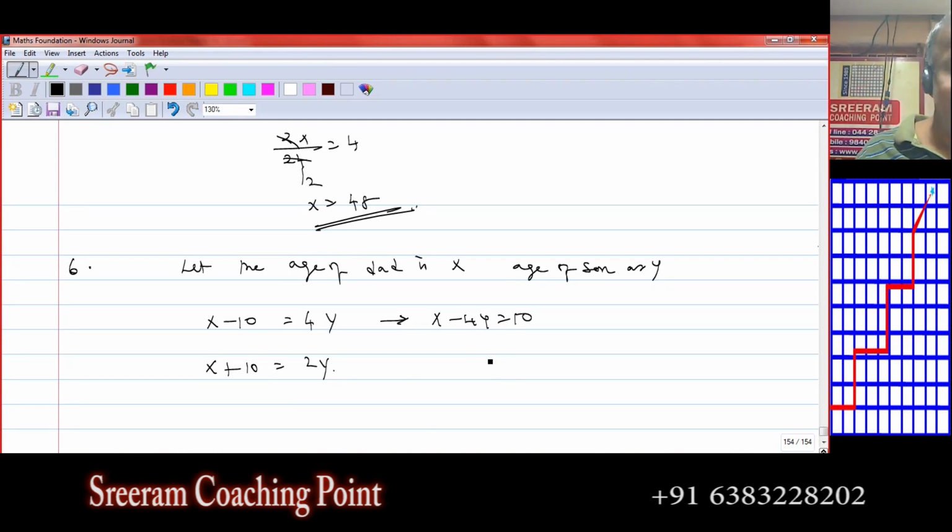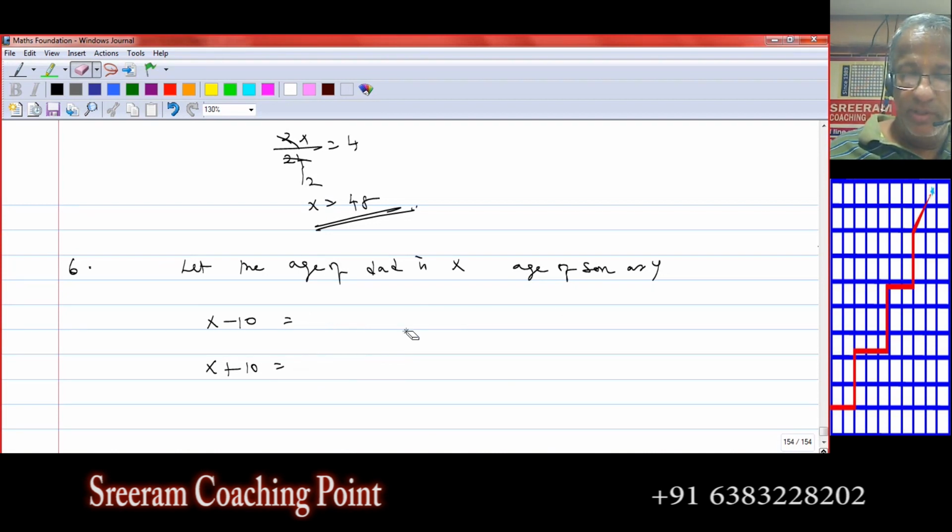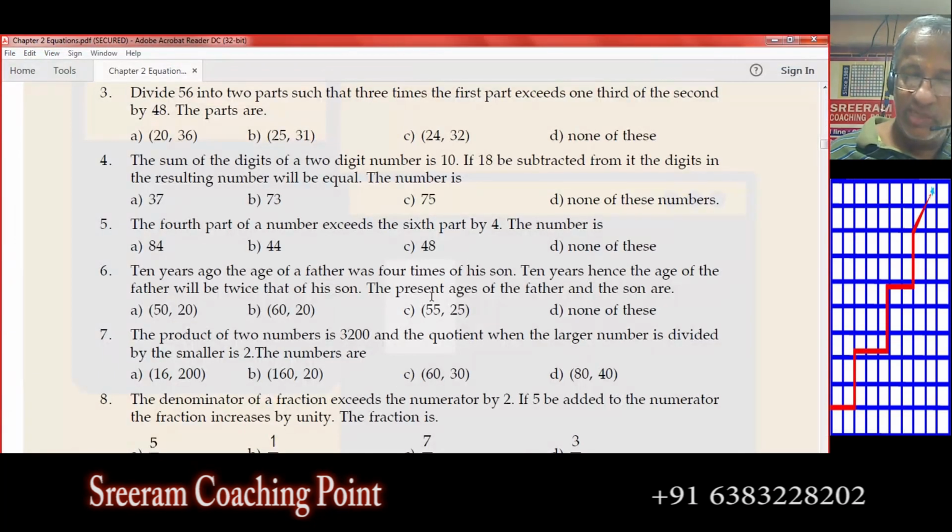Correct. I will put it this way. Age of dad is x, present age, because the question did ask about present age.